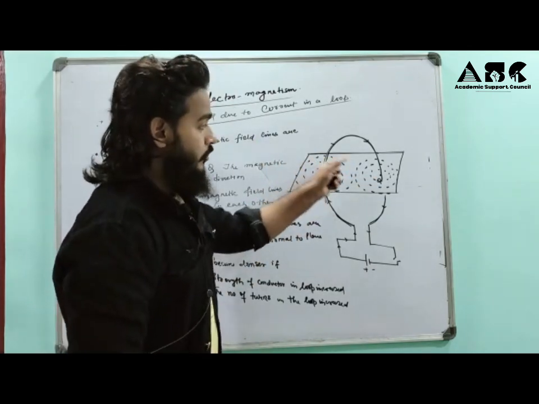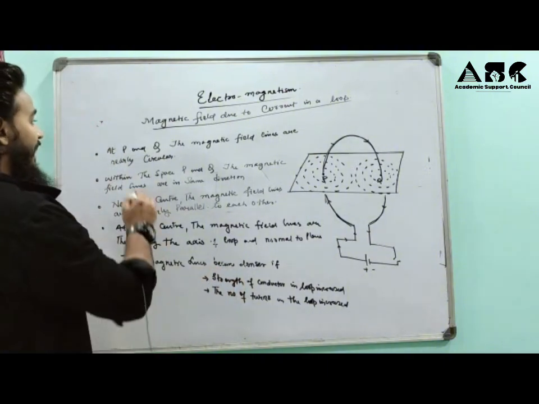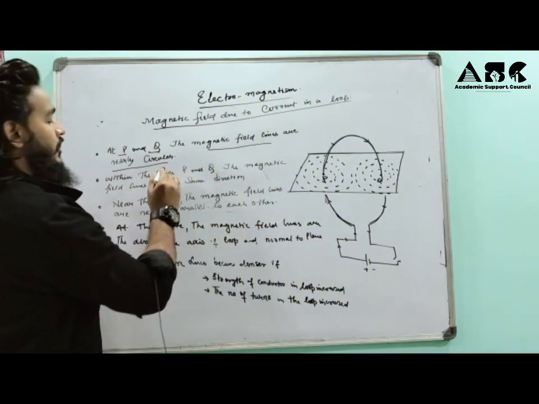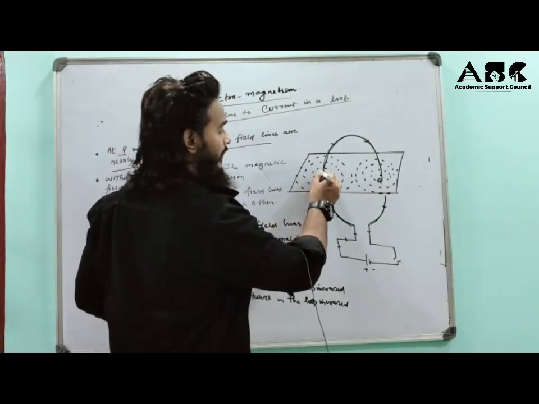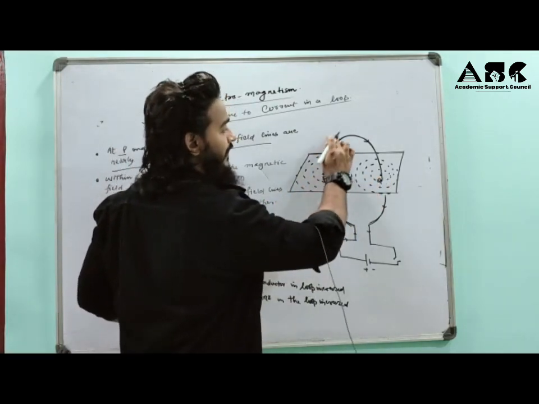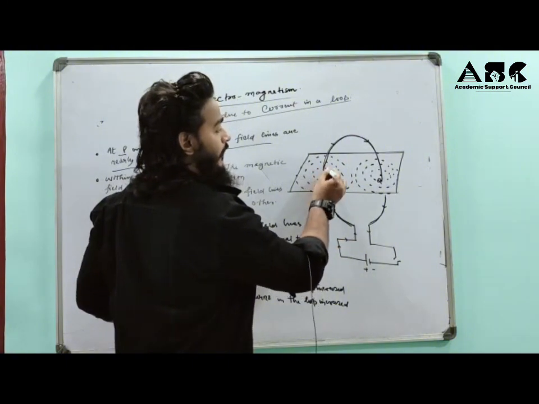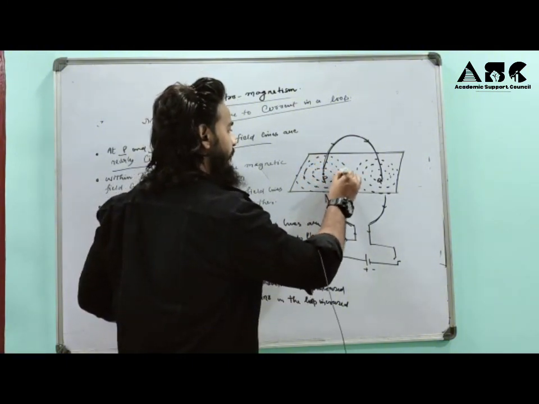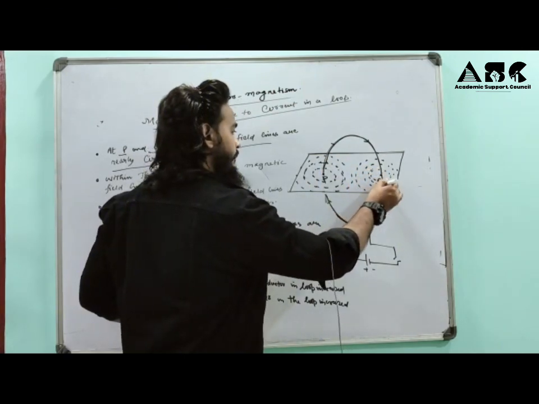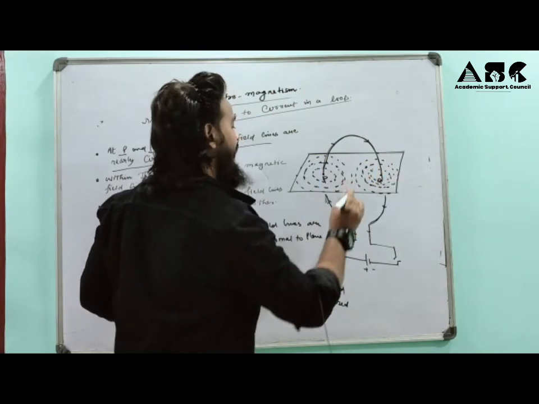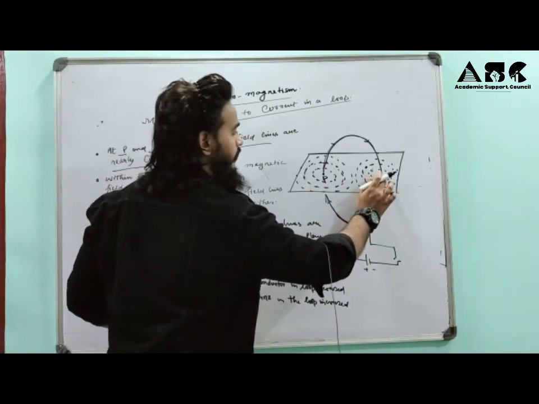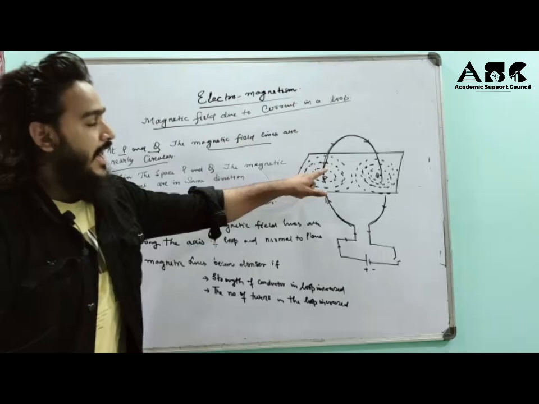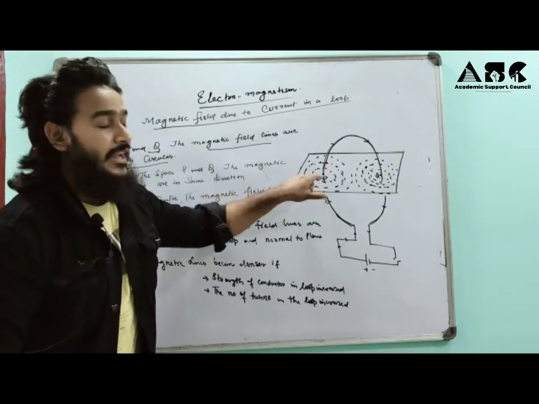So what do we conclude from this? You see that at P and Q the magnetic field lines are nearly circular. That means at the points P and Q, where the current is passing, the magnetic field looks nearly like a circle.